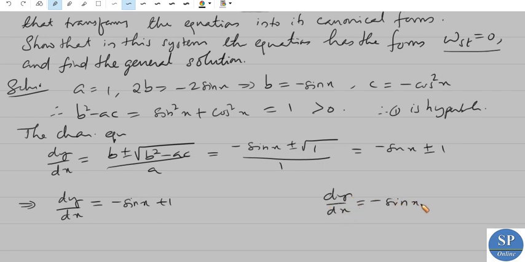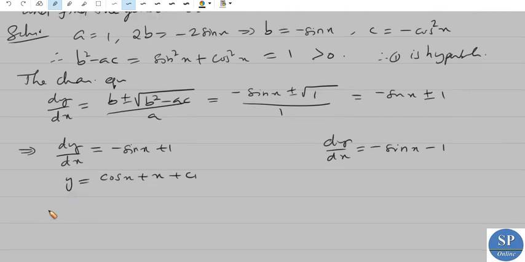So solving this we get y equal to the integral of minus sin x, so cos x plus x plus some c1. So from this we can write cos x plus x minus y equal to minus c1, and integrating the other we get y equal to cos x minus x plus some c2.